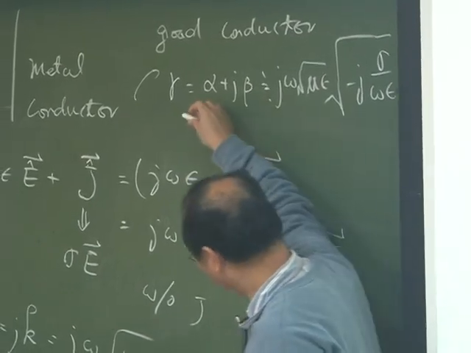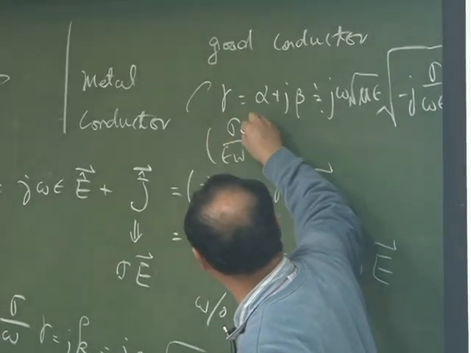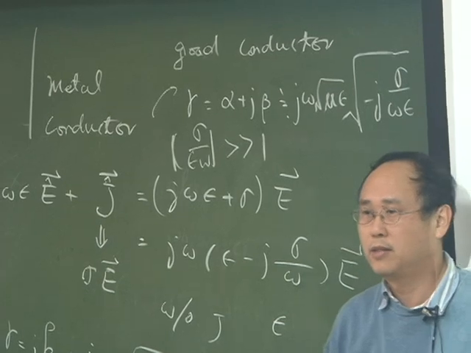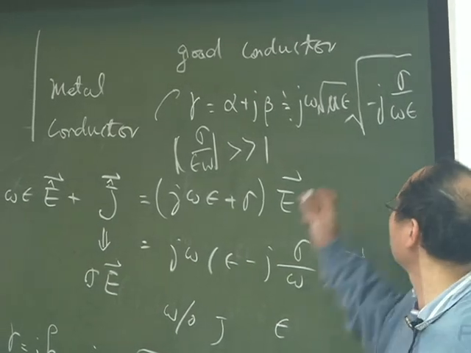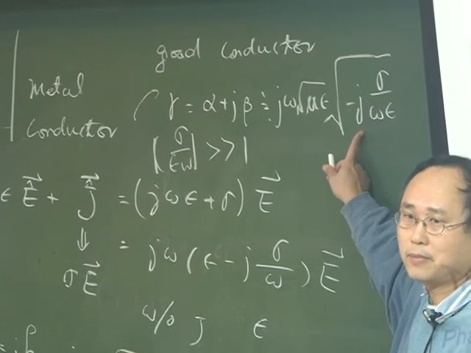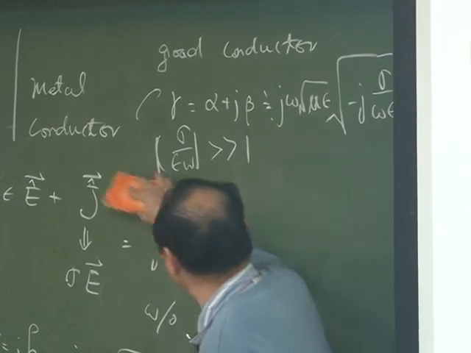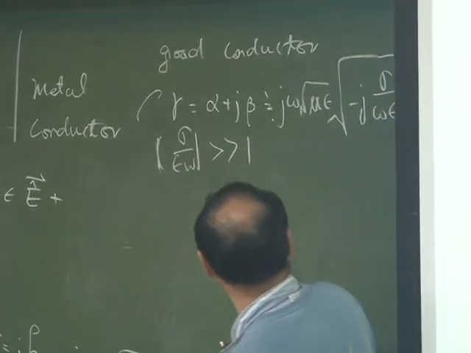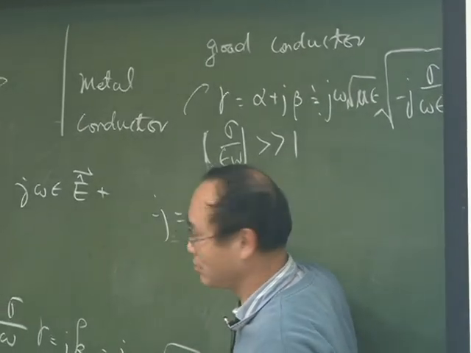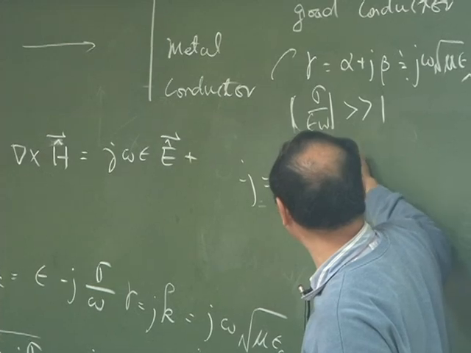Suppose that you have a sigma over epsilon omega much larger than 1. So you can do this. So you have a minus j inside the square root. And so we can continue to solve it. This minus j is equal to exponential minus j pi over 2.